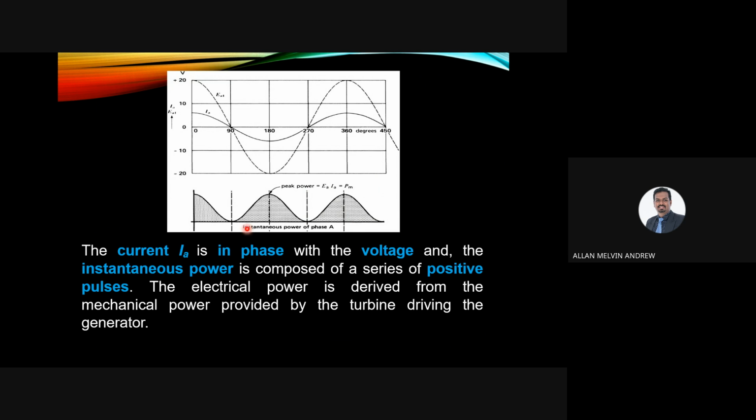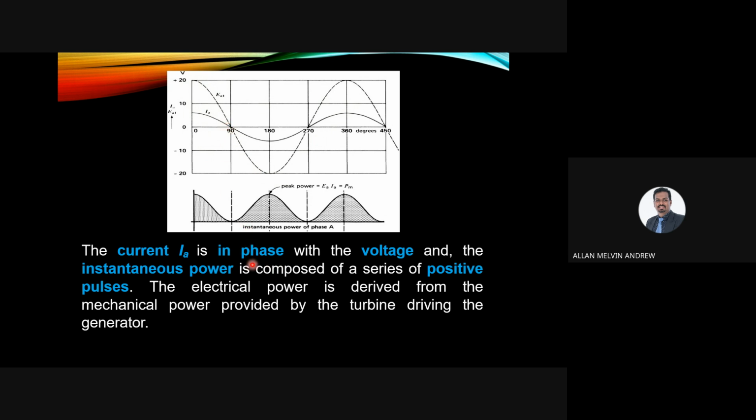Okay, so you can see the current IA here is in phase with the voltage, because the voltage curve is like this. It is in phase because when it goes down, it goes down, and when it reaches zero, it reaches zero also.